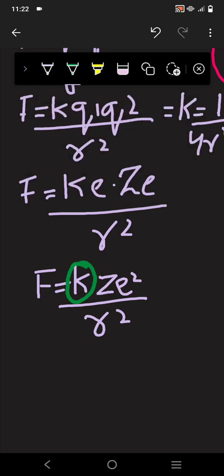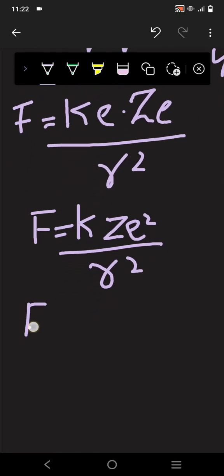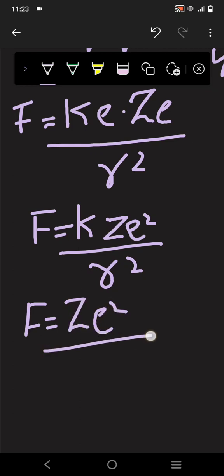Now we're gonna write the actual value of K, and that is F is equal to Ze square upon 4 pi epsilon naught r square.